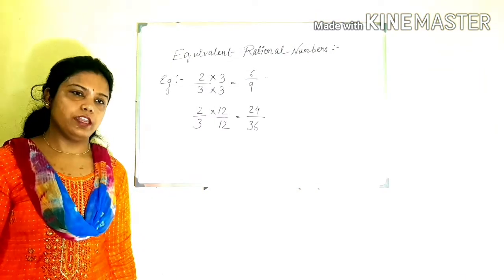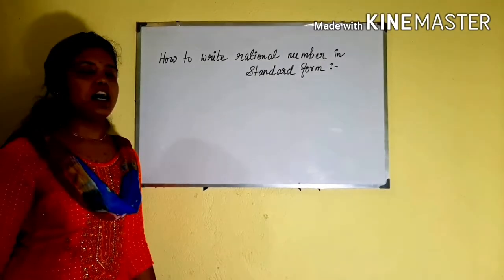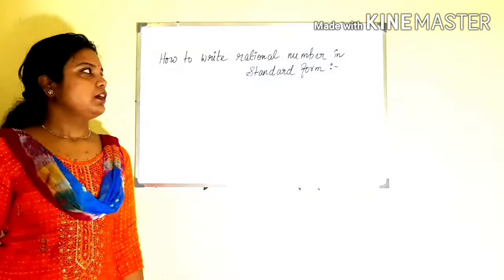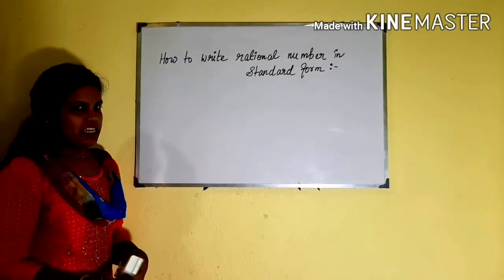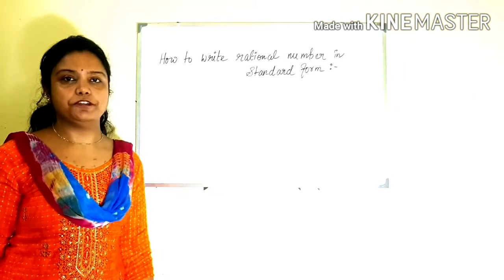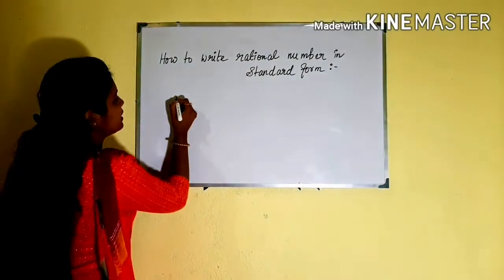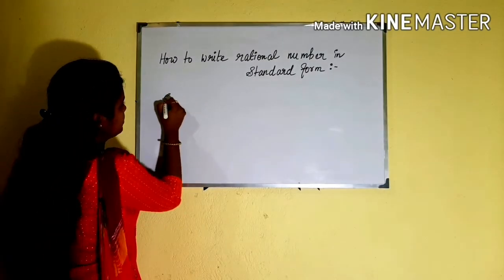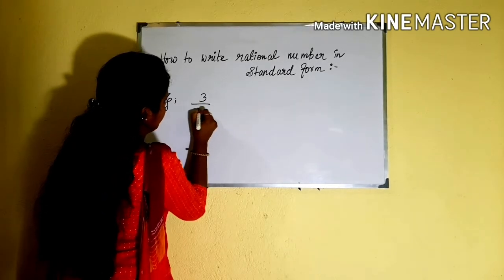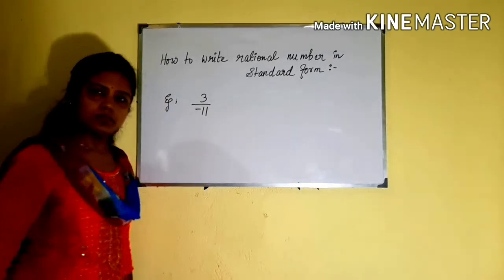Next, coming to how to write rational numbers in standard form. Let us take a rational number which has a negative denominator.